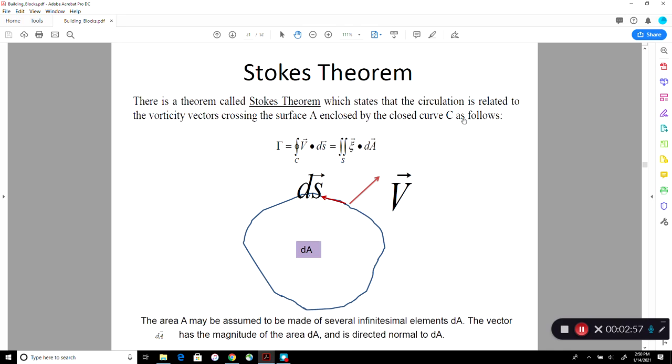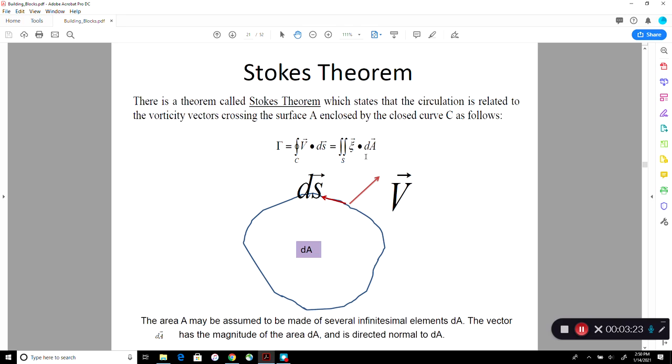Xi dot dA, think of it again as a right-hand screw rule. If the normal is coming towards you, you are rotating the screwdriver in the counterclockwise direction so that the screw advances towards you. Therefore, this vector is perpendicular to the plane of the paper at the centroid of the small element dA.